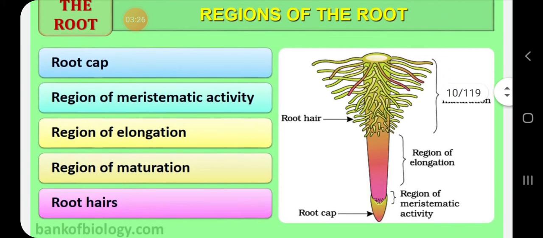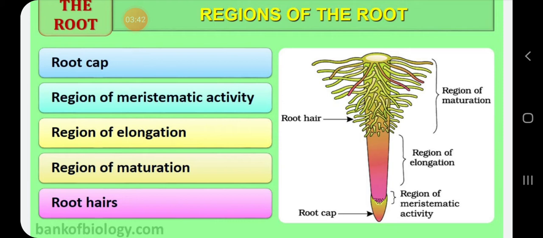The regions of the root are five: root cap, the region of meristematic activity, as you can see in the diagram, the region of elongation, the region of maturation, and the root hairs. Meristematic activity means cell division.